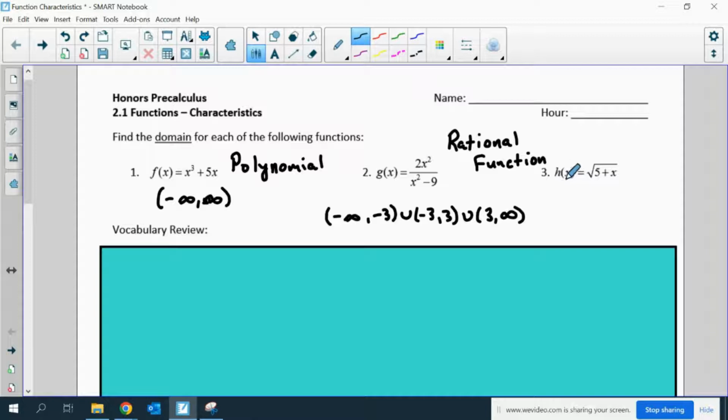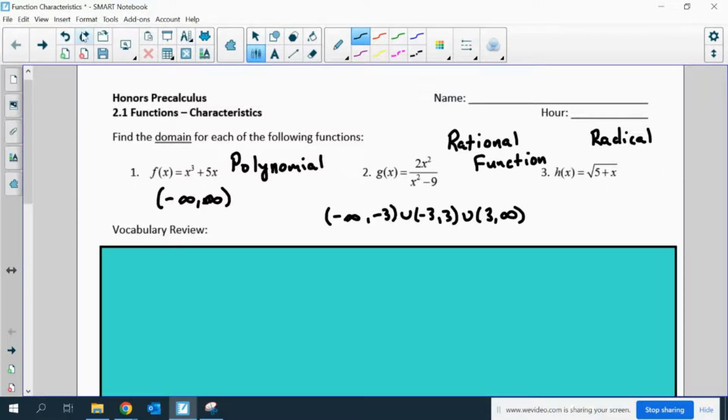Third, we have h of x, which is a square root function, a radical function. Radical functions that have an even index, so a square root is like putting a 2 there, or if I had a 4th root or a 6th root, anything that has an even index has the property that the inside must be greater than 0.